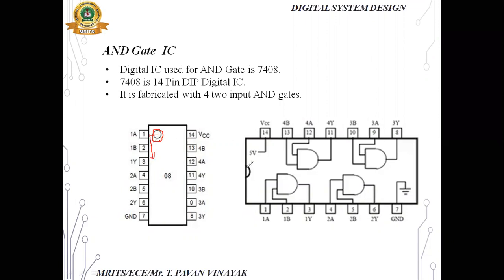Or else, if a U shape is available, for the U shape, on the left side we start numbering 1, 2, 3, 4, 5, 6, 7 from top to bottom. After 7, from bottom to top, we go on numbering 8, 9, 10, 11, 12, 13, 14. Okay, this is the AND gate IC.